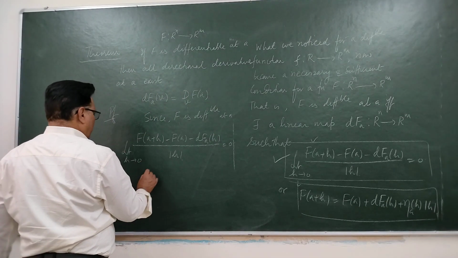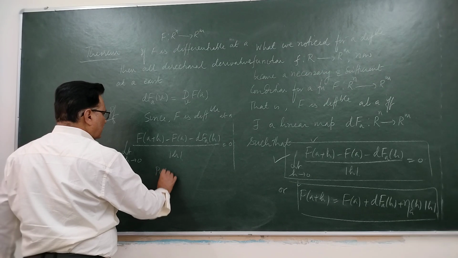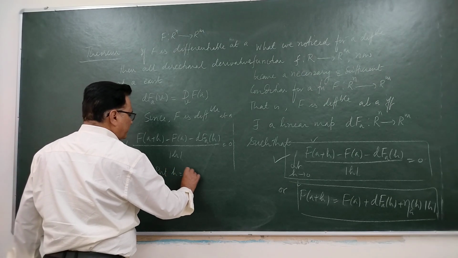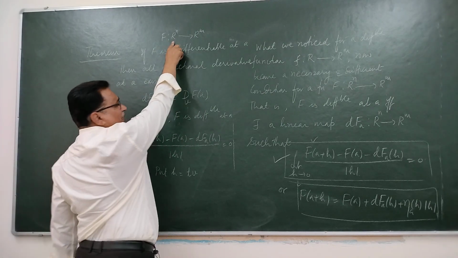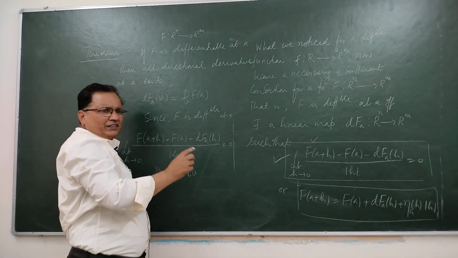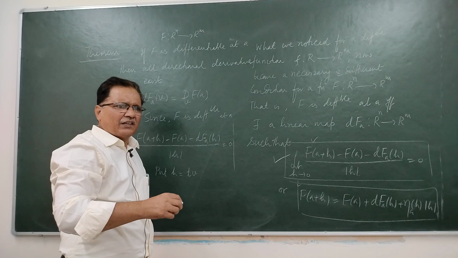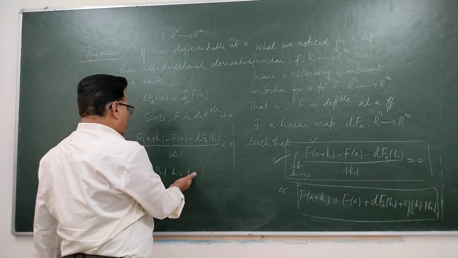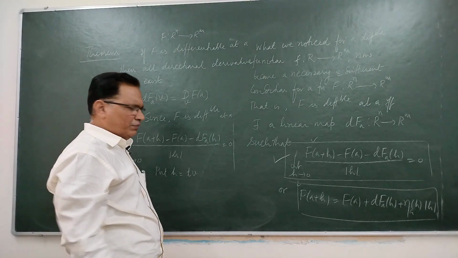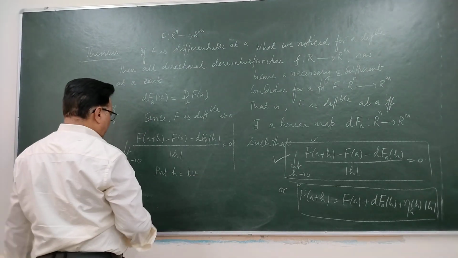Okay, so what I will do, I will put h equal to t into v. Mind it, h is a vector of R, and every vector I can write down as some scalar times some other vector. Is it right? So I can always write the vector h as t times some other vector v in the same direction, of course.